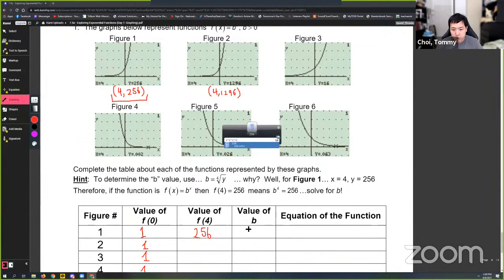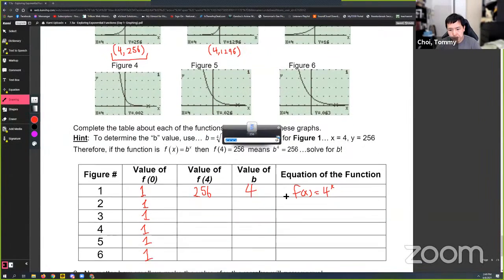That worked out, so it must be a base of 4. So what's my equation? f of x is equal to 4 to the power of x. If you don't have a calculator that can do fourth roots, not much you can do other than to guess and check. Right? You have to work with guess and checking.